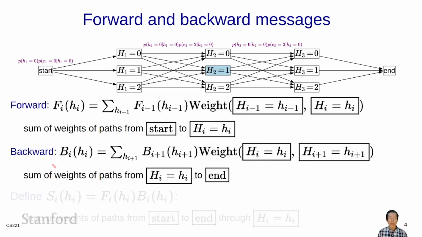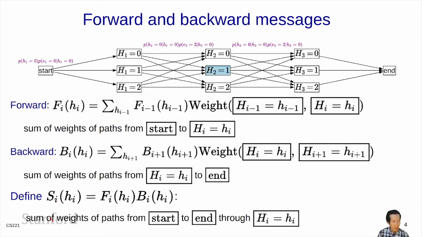Okay, so now having defined forward and backward messages, I can multiply them together to form S_i, and my claim is that the sum of the weights of all paths from start to end that go through a particular node is exactly S_i of h_i.